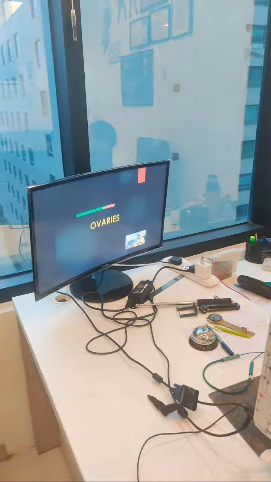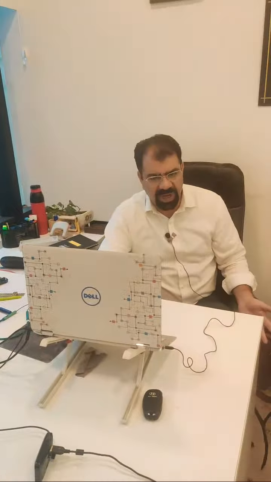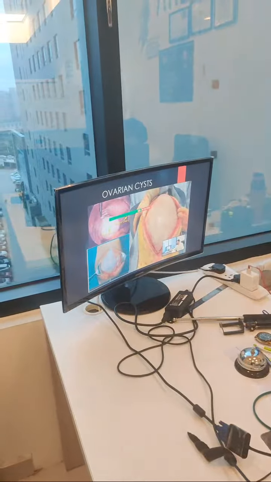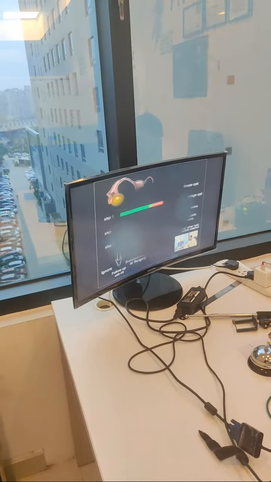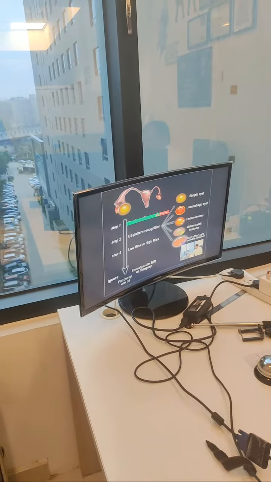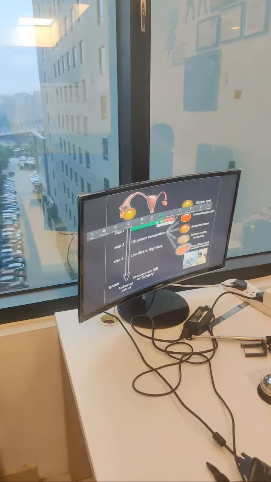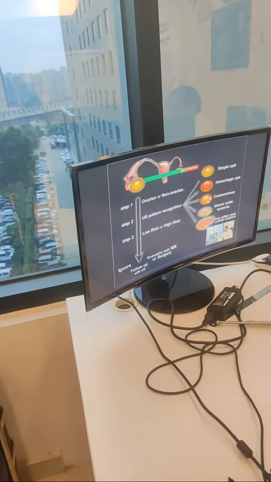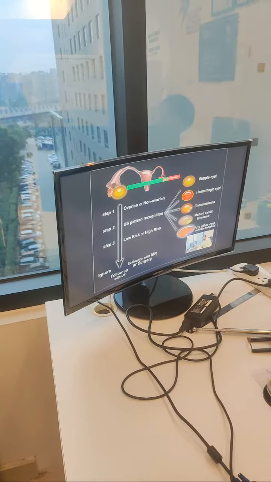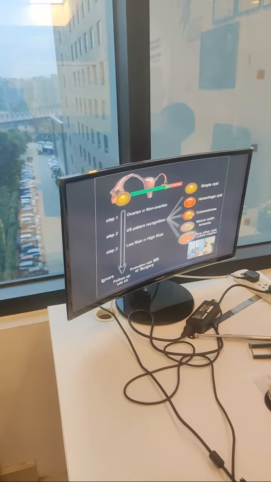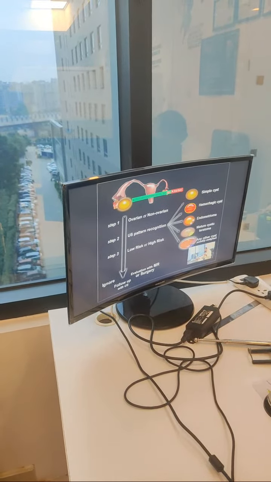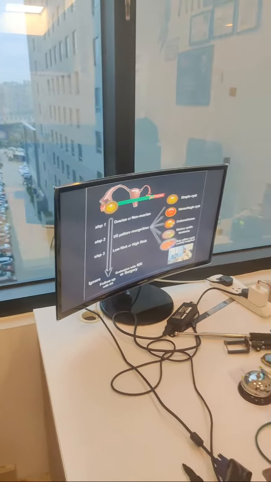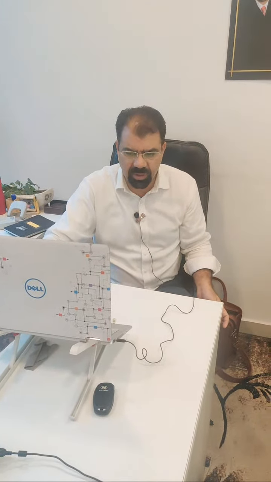Now, when you are looking at the ovaries, maybe there is a cyst, these ovarian cysts. In these ovarian cysts, what we first have to see is whether we are dealing with a cyst arising from the ovary or an extra-ovarian one, that is, ovarian or non-ovarian origin. So we first see the origin.